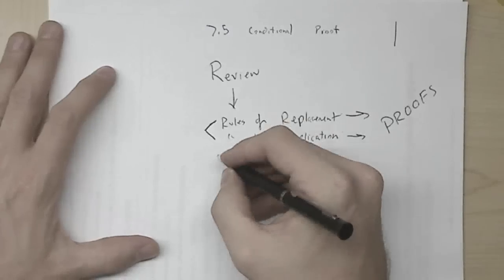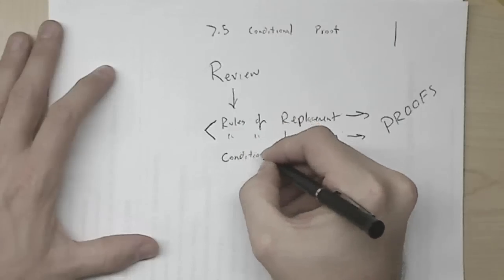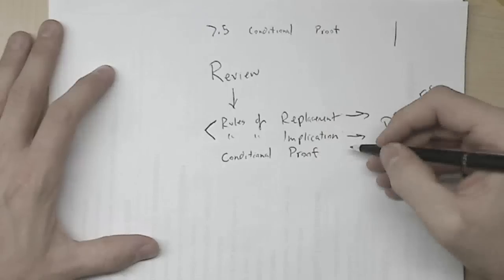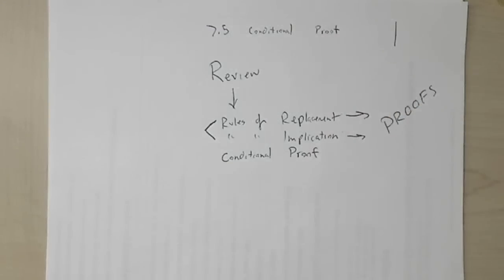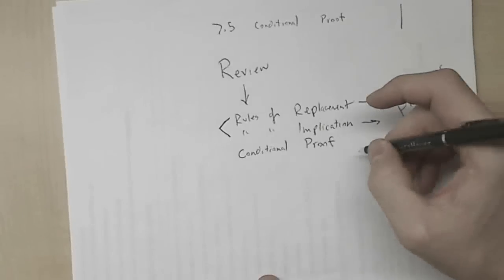So in 7.5, we're going to introduce a new thing. We're going to call this the conditional proof. And the conditional proof operates essentially when you get stuck in a problem: it allows you to begin to build a proof sequence.